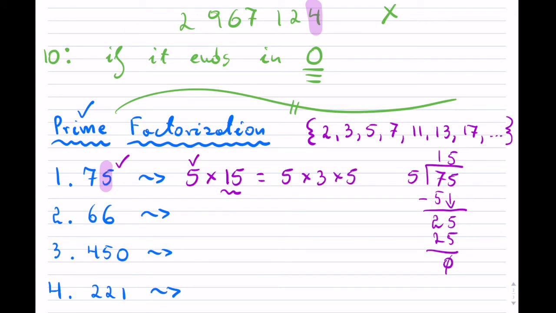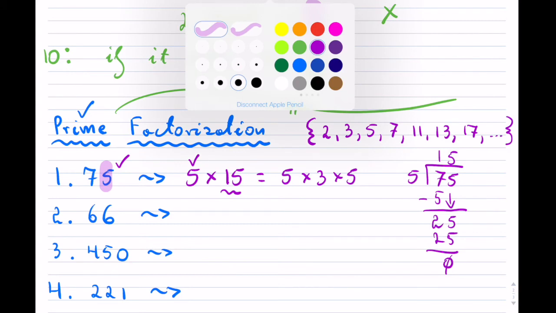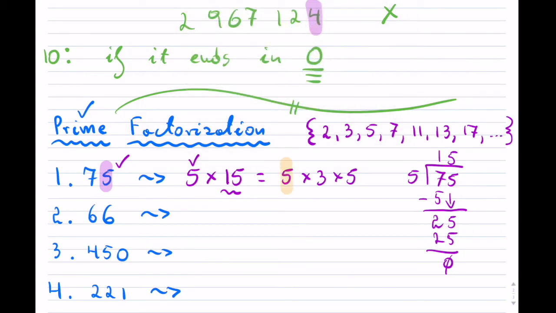And notice what you've created now, every number is prime. Now they can repeat, of course, but when you multiply 5 times 3 times 5, you'll get 75 back. This is called the prime factorization because it is made up of primes and each prime is a factor of 75.